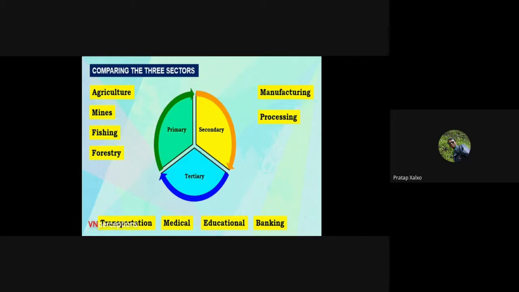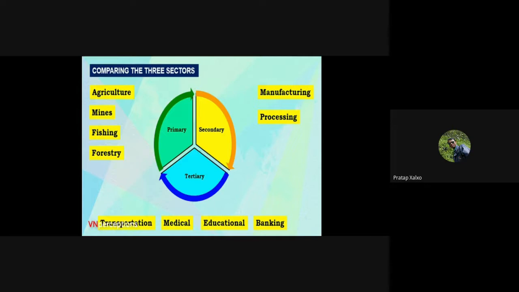For fishing, we require nets and fishing rods and so many other equipments. For forestry, for cutting up the trees, again, machines are required. So all these areas, we depend on the secondary sectors. Similarly, once they are produced, they have to reach final destination.